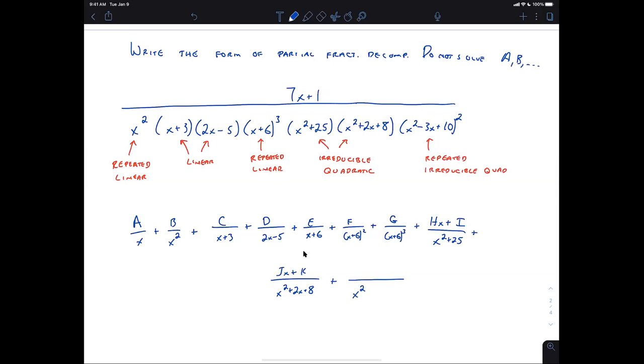Every power gets its own, but the top is first degree potentially. So lx plus m over x squared minus 3x plus 10, and nx plus p over x squared minus 3x plus 10, skipping o so it doesn't look like a 0. You can pick whatever letters you want. Don't use x. But you don't have to worry about getting them in alphabetical order or anything like that. Whatever works. Does that make sense?